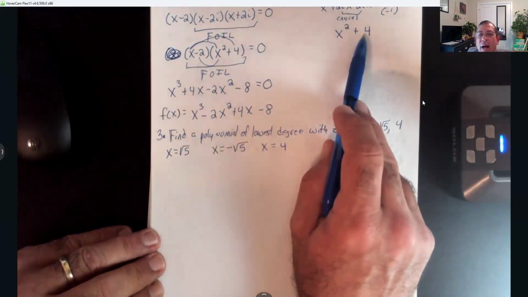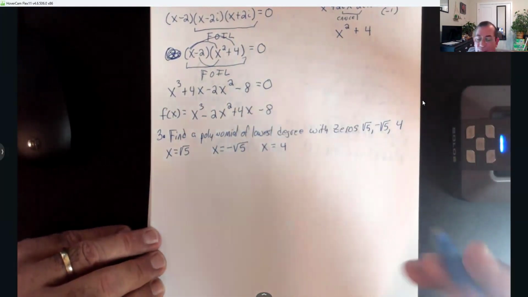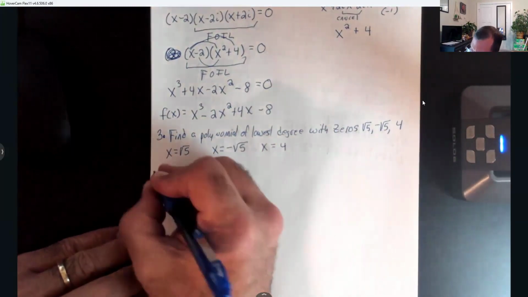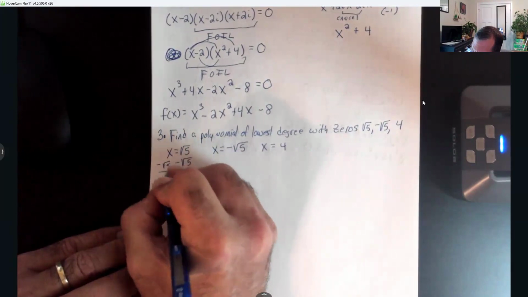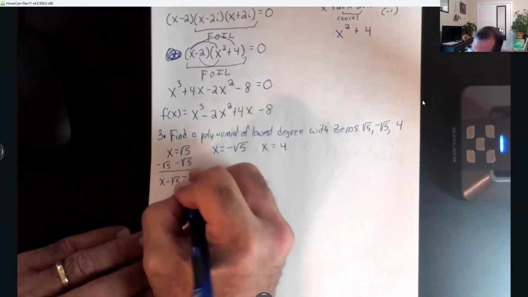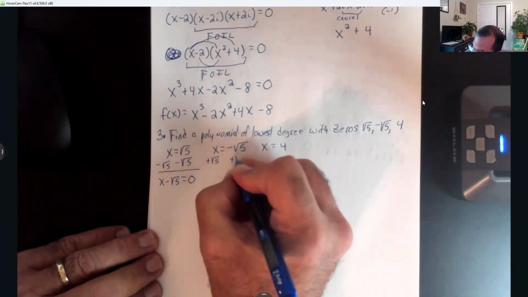Same thing with the i. It was from doing square roots of negative numbers. All right, guess what? I'm going to add and subtract, get zeros on this. So I'm going to subtract square root of 5 on my first one. x minus square root of 5 equals 0. I'm going to add square root of 5 on the second.